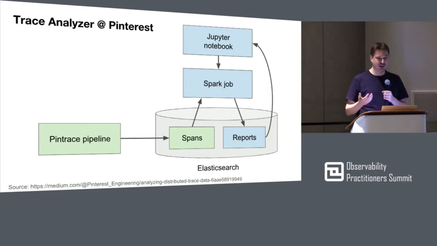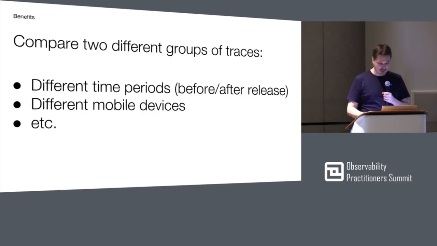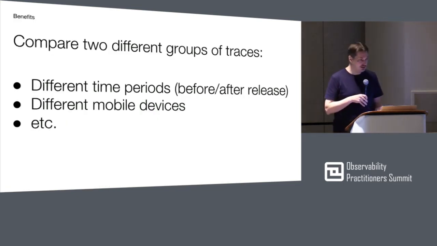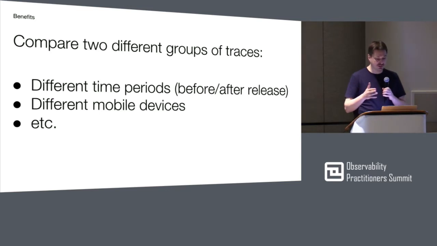And so this allows you slightly more exploratory analysis, because you can vary parameters for which you're querying, right? The things that you can specify as inputs are different time periods. You can select maybe different modes of the phones that the users are using, whatever. There are a lot of different ways you can filter that.